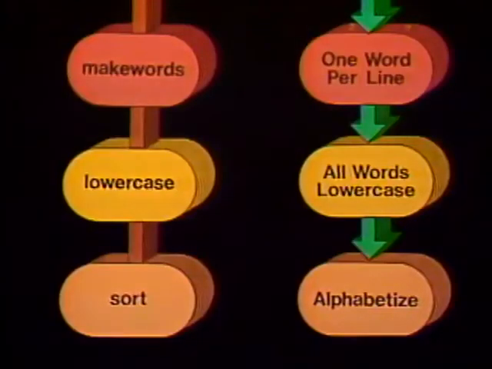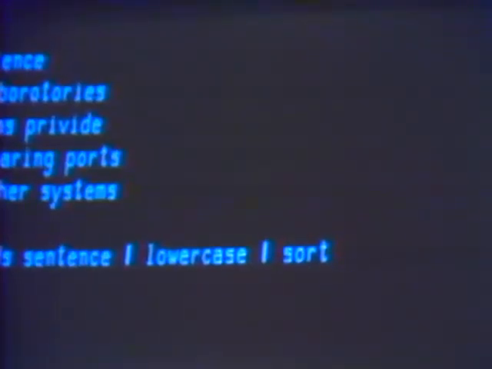Now, the next thing that I want to do: my dictionary is in fact sorted in alphabetical order, as dictionaries are, and so it's a lot easier for me to compare the words of my document to the words in the dictionary if they're sorted, so I'm going to run them into sort. And finally, if you look at it carefully, it doesn't show up very easily here, but there is a duplicate word there.